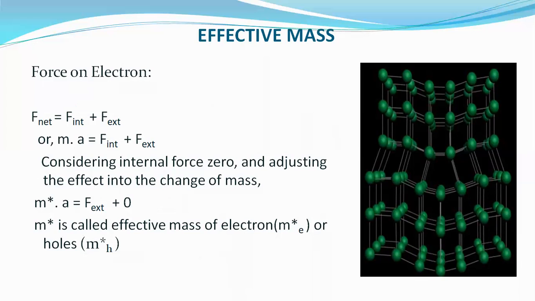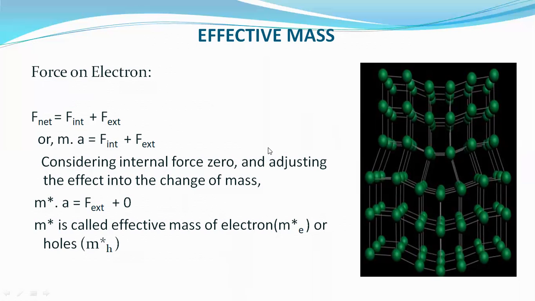So let's consider you have applied some external voltage to some material, maybe metal or semiconductor, whatever it is. Due to that, this electron having mass m is getting accelerated with acceleration a.